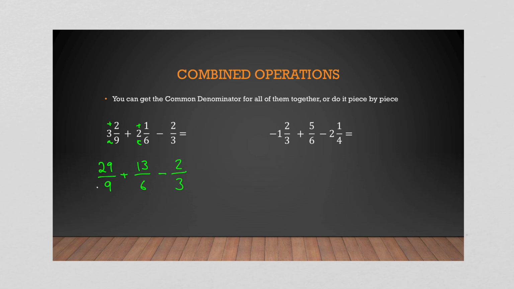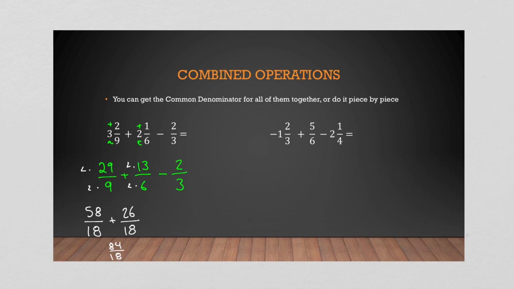9 and 6, well, times 2, times 2, times 2, times 2. So now I have 58 over 18 plus 26 over 18, which gives me 84 over 18. Now, can I simplify 84 over 18? Sure I can, because 84 is 2 times 42.